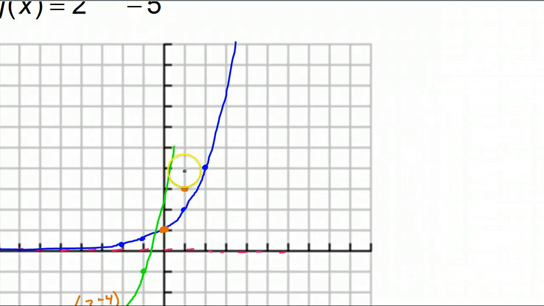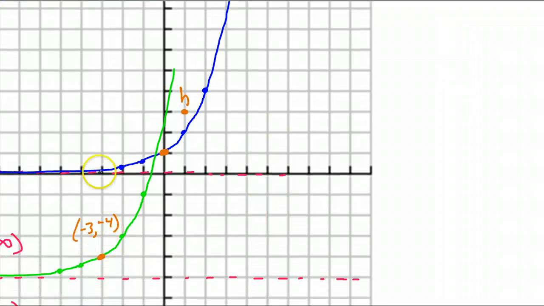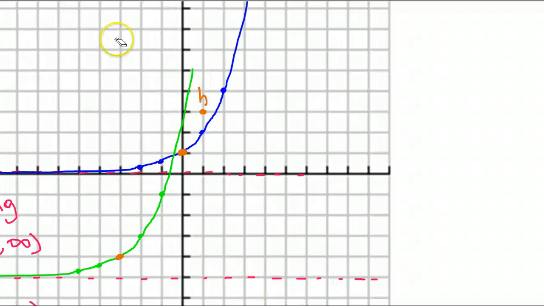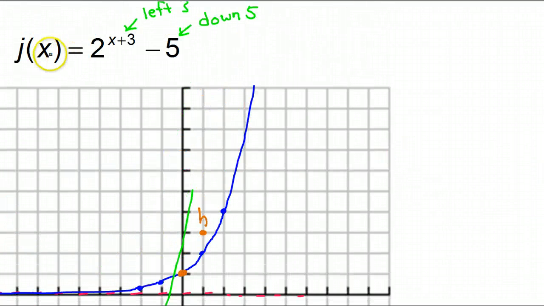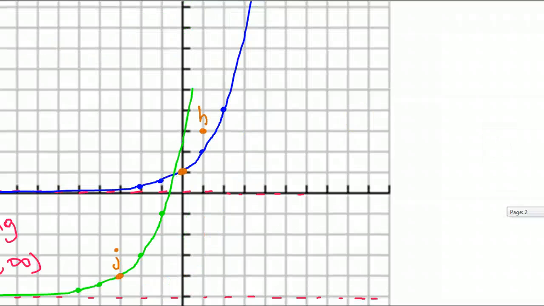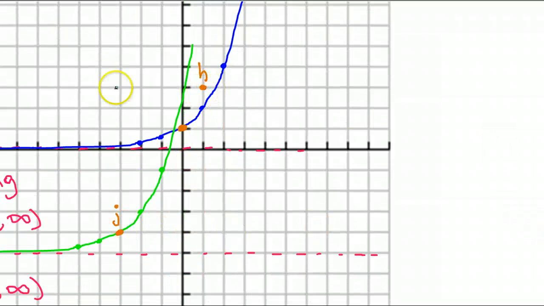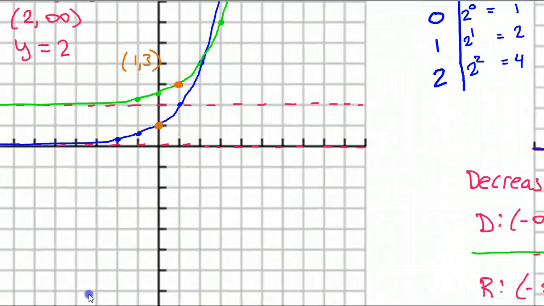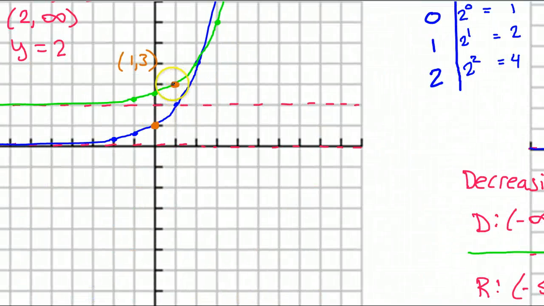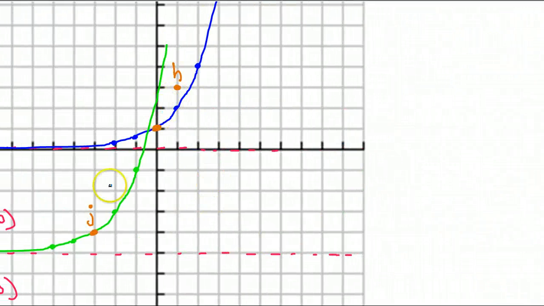So this is the function h point, while this is the function j point, because this is function j where we are, and this one I just copied over from this problem over here. So it was right there at 1, 3. We just copied it over, 1, 3. So this is the point that we're talking about.